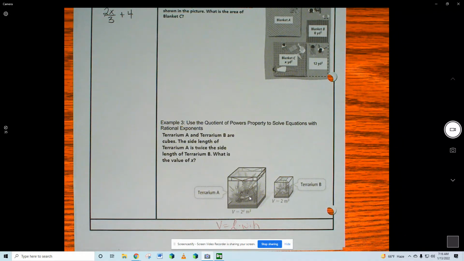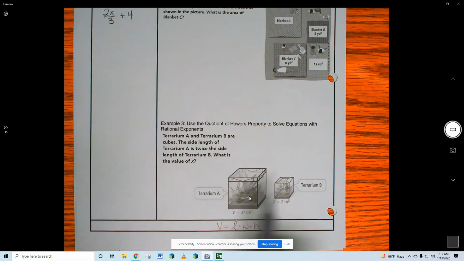And they're all the same size. Since they're all the same size, the side length of terrarium A is twice that of B. They're double the size.